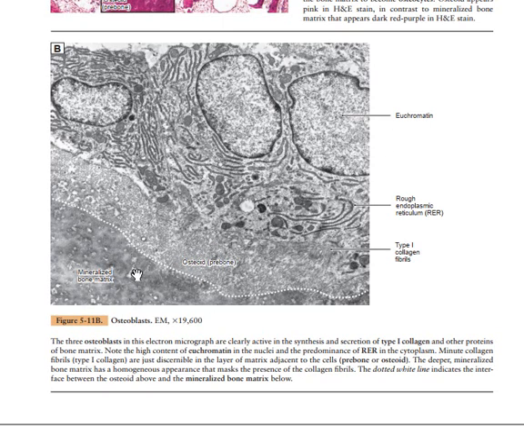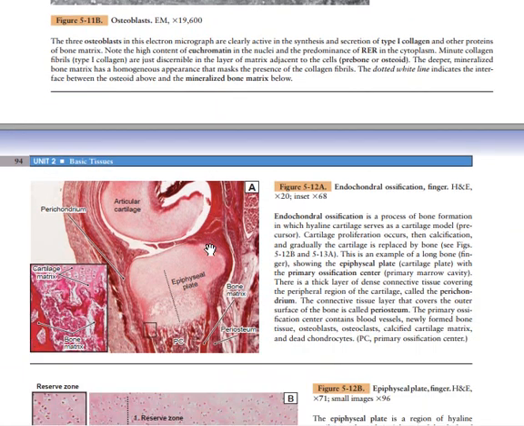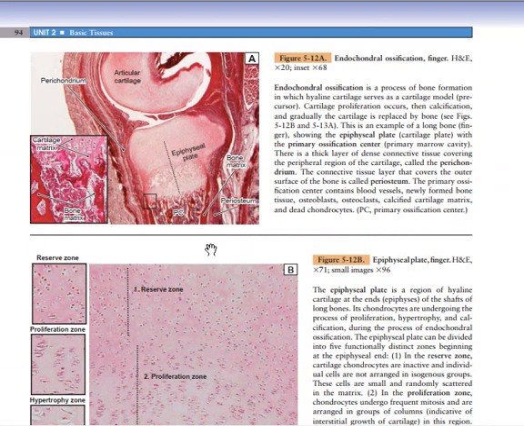We have the osteoid tissue that has been produced, and this is the mineralized matrix. The osteoid tissue is produced by the osteoblasts and consists of type 1 collagen. When it is completely mineralized by the osteocytes, it is called the mineralized matrix.